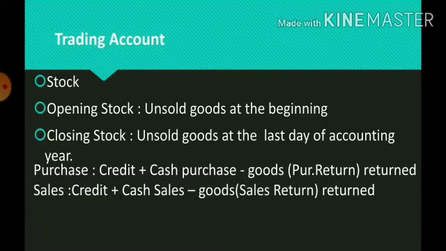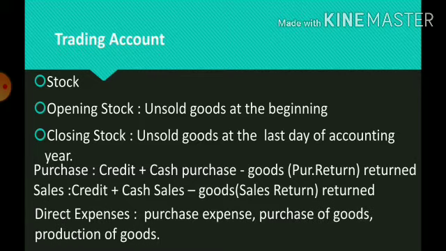Then same way, sales, we are going to record only credit and cash sales of goods. Here also, if any customer returns back the goods which are defective or not as per sample will be deducted from the total sales.